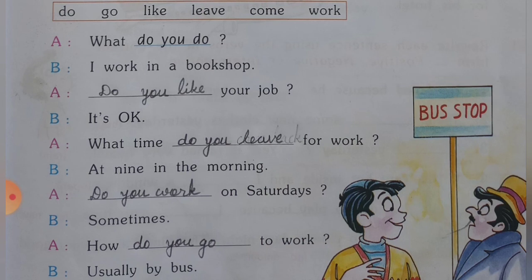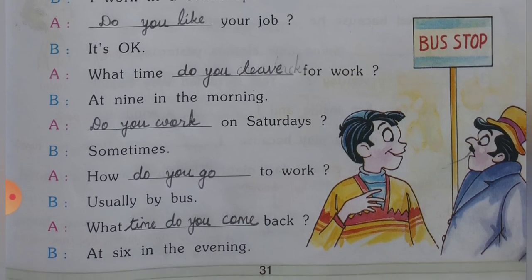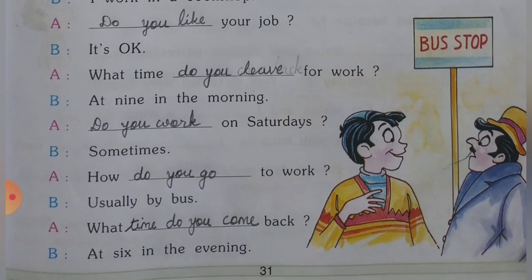Sometimes I work on Saturday. How do you go to work? Usually by bus. What time do you come back? When do you come back? In the evening, at 6 in the evening.